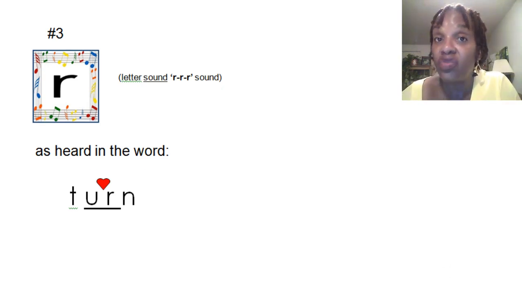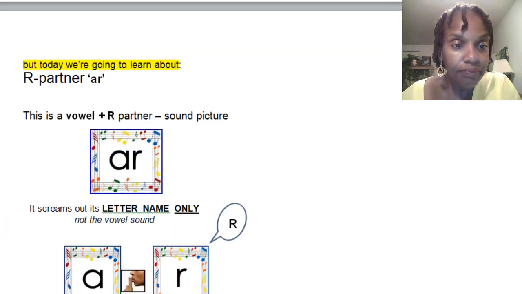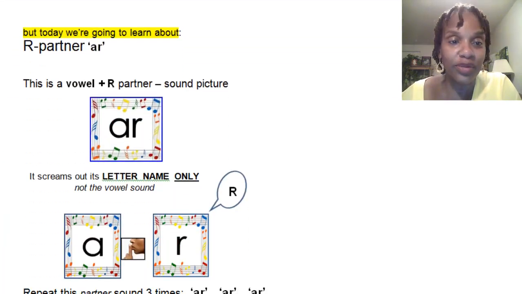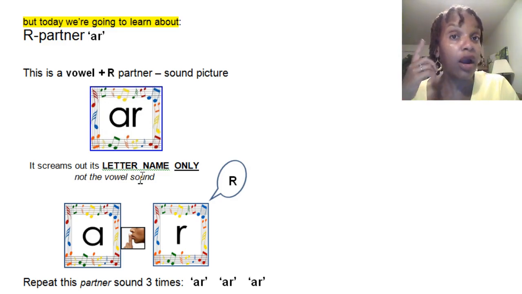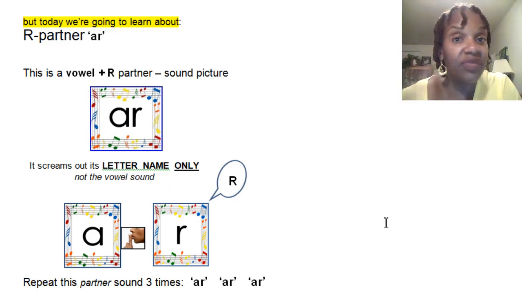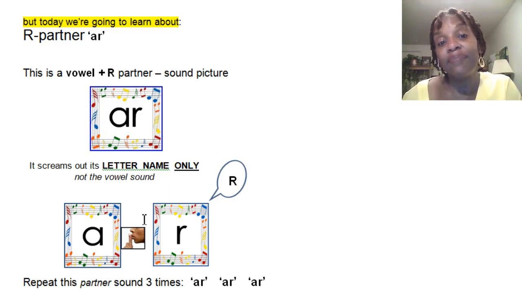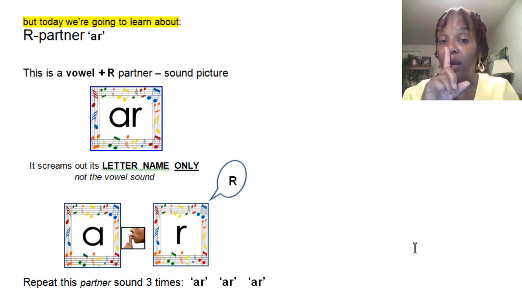And today we're going to focus on this one, the R partner sound, okay? So this is a vowel plus R partner sound picture. It screams out the letter name only, or it sounds like R, not the vowel sound. So it looks like in this partner, the A is being quiet, and the letter R is kind of screaming out its letter name, R. All right?